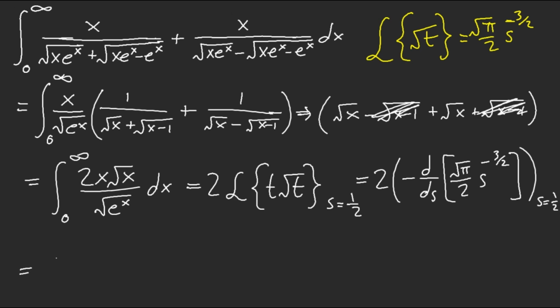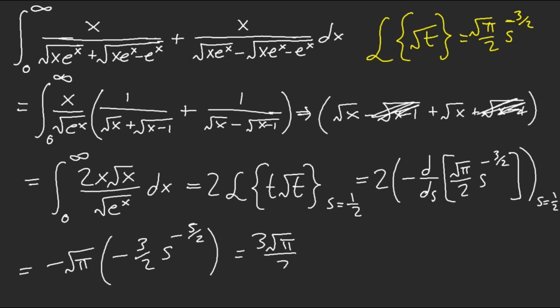So now we go ahead and compute that. This is -2. Let's see the derivative. Oh, well, let me take the constants out. So it would be negative root pi, right? And then here we have -3/2 of s to the power of -1, we get -5/2. So now we have 3 root pi over 2. And then s, we have 1 over 1/2.